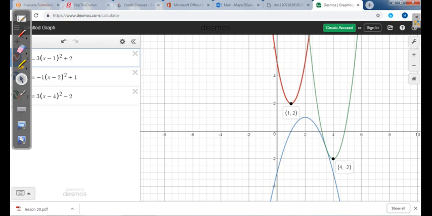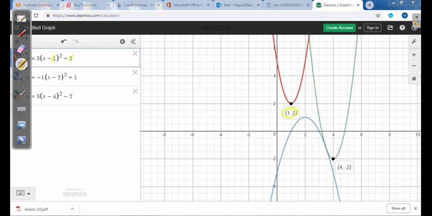So we see a 1, right? That's inside the bracket. And then where do we see the 2? Outside, right? So that 1 and 2 correlate to these values.